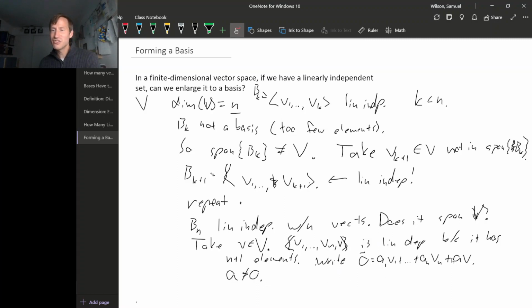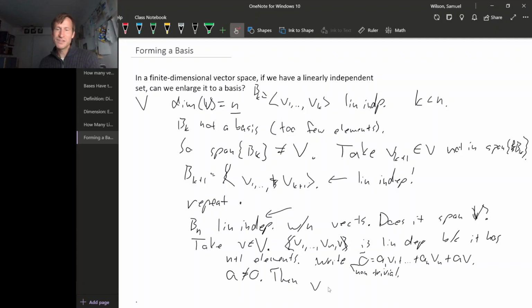Because if a were 0, we would have a non-trivial linear dependence relationship among v1 through vn, but we know that that can't happen because v1 through vn is linearly independent. So that means a is non-zero.